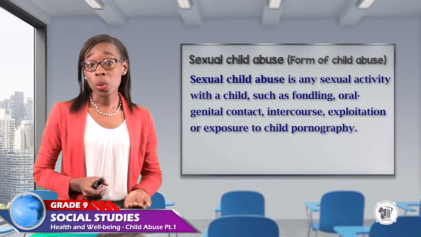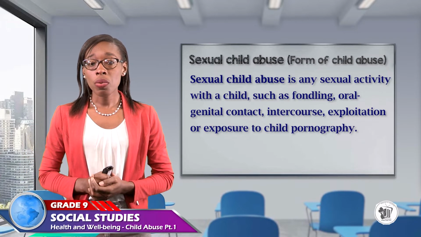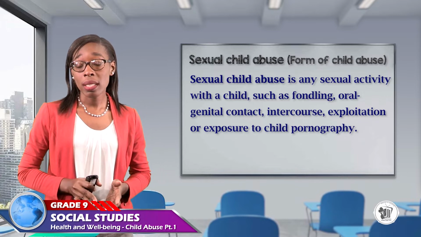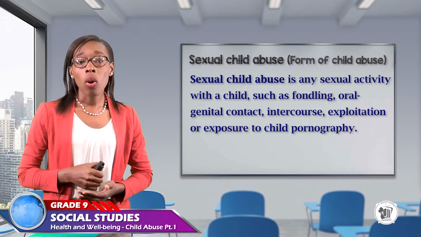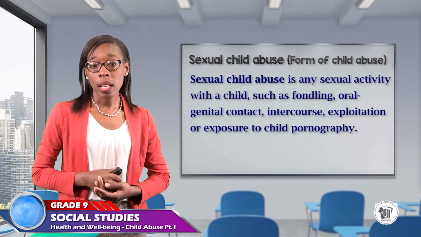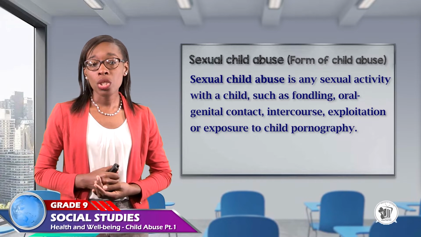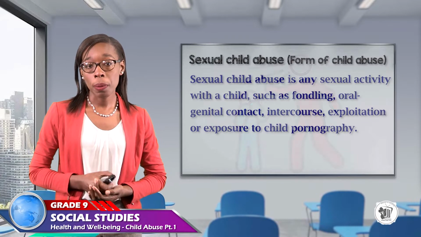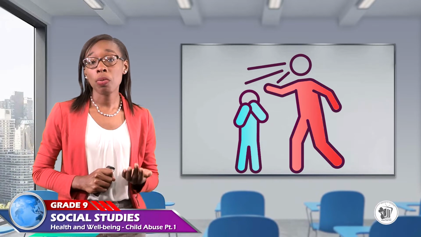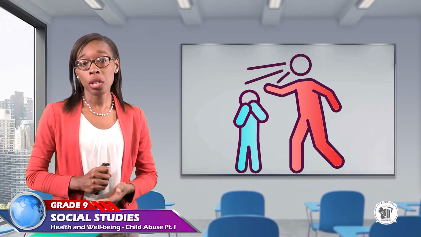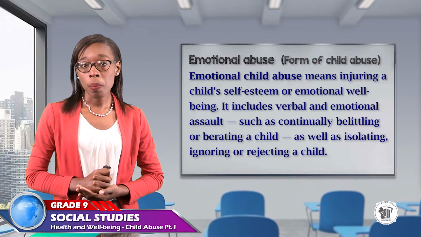Now let's move on to another familiar one, sexual child abuse. This refers to any sexual activity with a child, including fondling, oral genital contact, intercourse, exploitation, or exposure to child pornography. And then we also can look at another familiar form of child abuse that you might have heard of before. This is emotional child abuse.